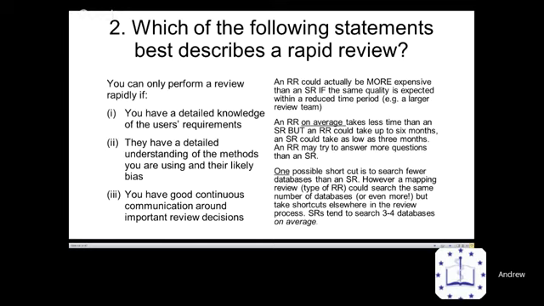If we're mapping an area, we could actually search the same number of databases, or could even search more databases. Bear in mind that systematic reviews tend to search 3 or 4 databases on average. So searching fewer databases for a rapid review would be a very low figure indeed.